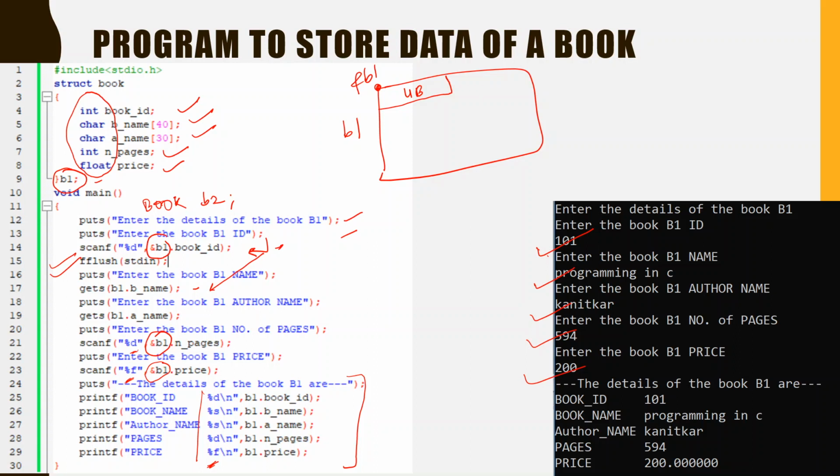It has nothing to do with b1. So why is this percent d? Because book id is defined as an integer. Why is this percent s? Because b name is a string. So this is how the format specifiers are declared.